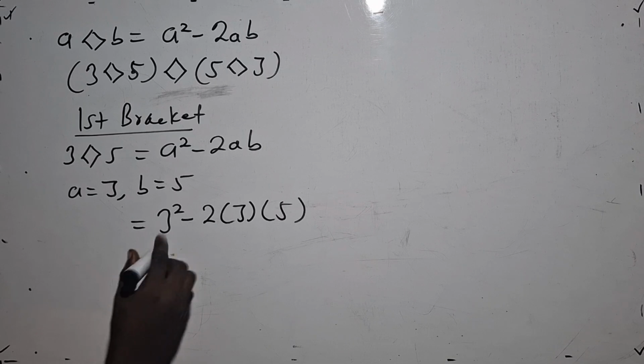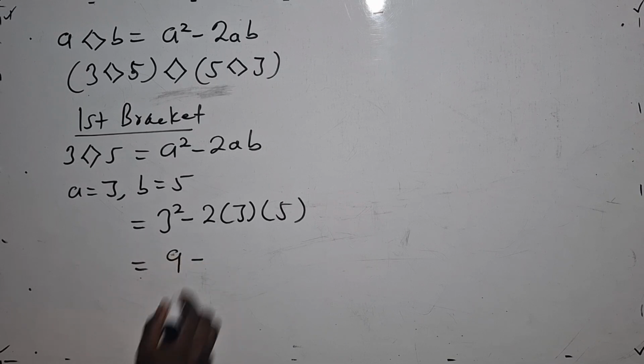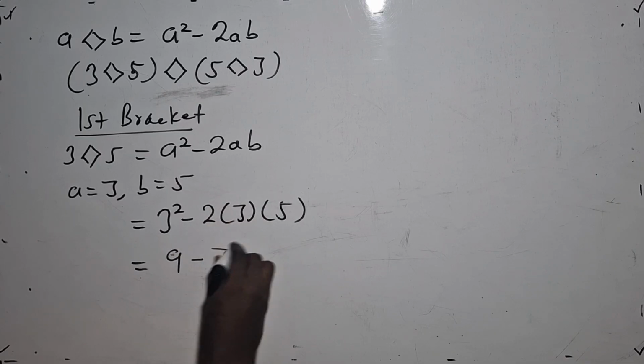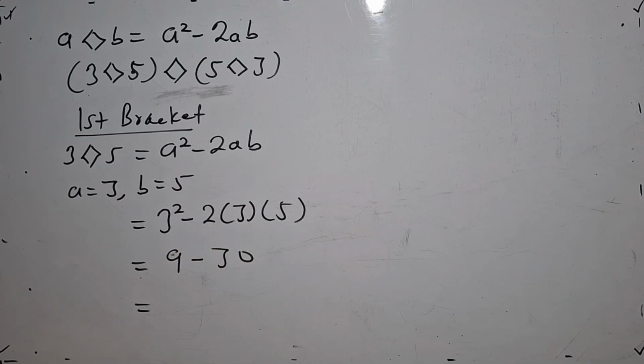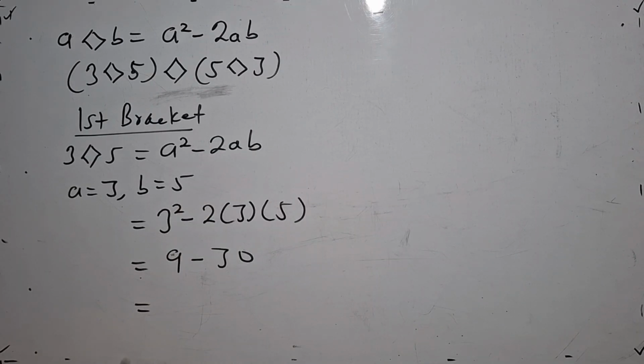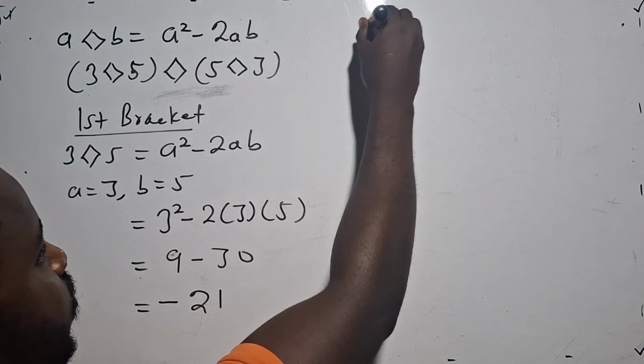Now 3 squared, 3 times 3, which will give you 9, minus 2 times 3 is 6, then 6 times 5 is 30. They are multiplying. The answer you obtain here, you need to multiply by the next one. 9 minus 30 will give you negative 21. This is for the first bracket. Now let's solve for the second bracket.